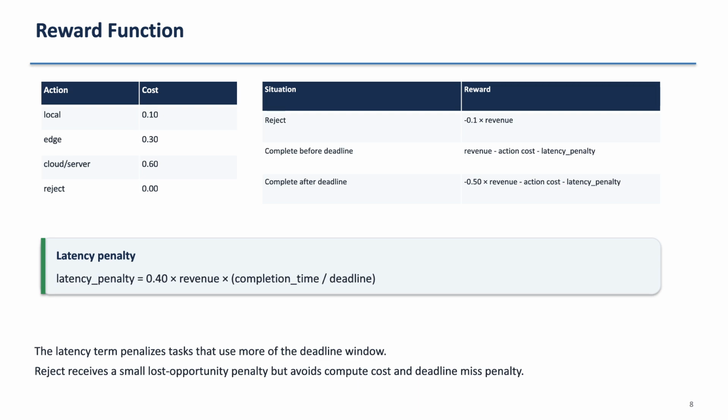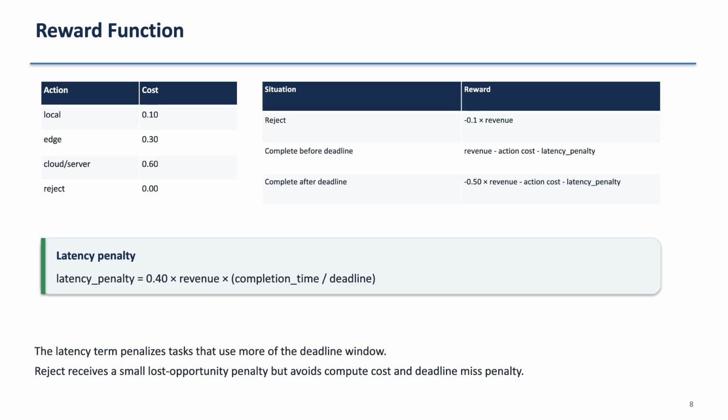Here's the function for the reward. For the local compute, the cost is 0.1, and for the edge action, the cost is 0.3. The cloud cost is 0.6. The reject costs nothing. And there are 3 different situations: the reject, complete the task before the deadline, and complete the task after the deadline. When the task is rejected, there's a penalty. The reward is minus 0.1 times the revenue.